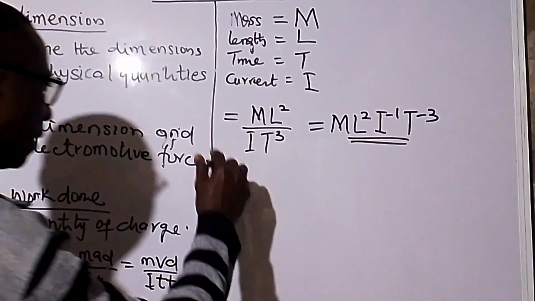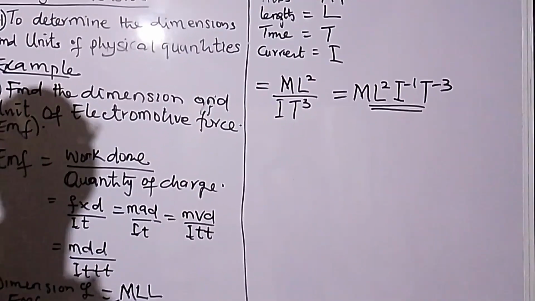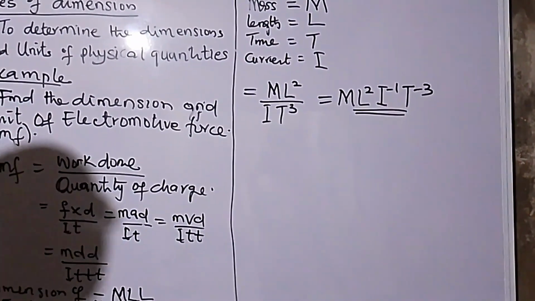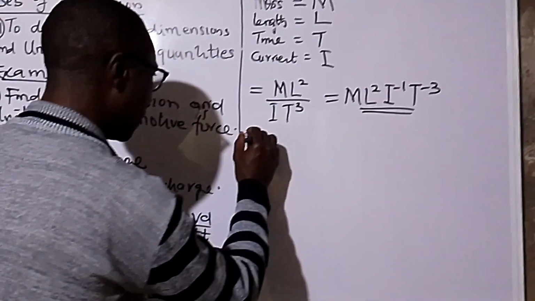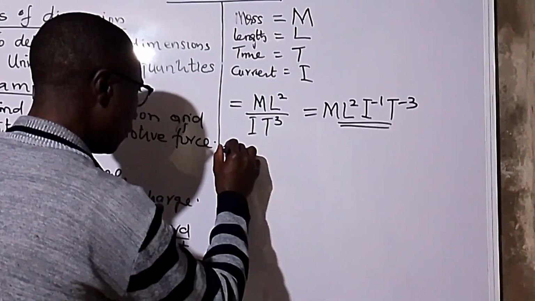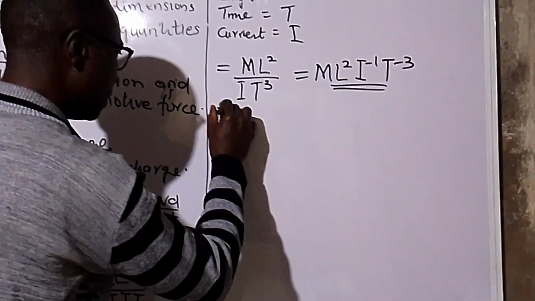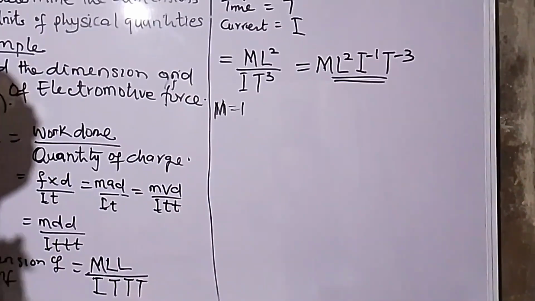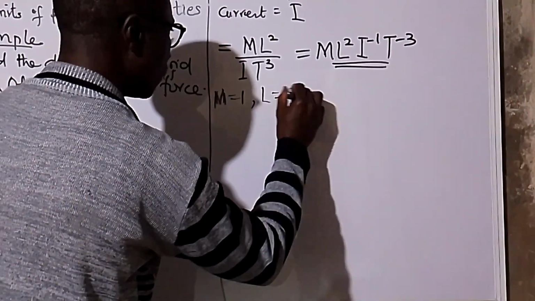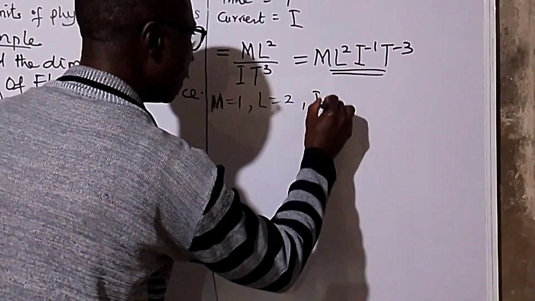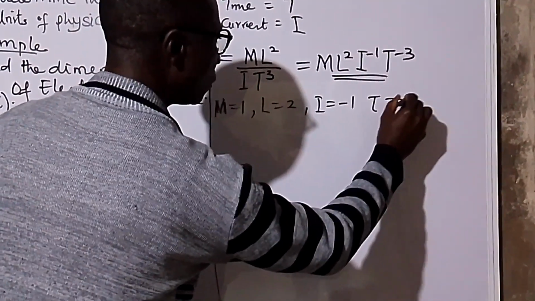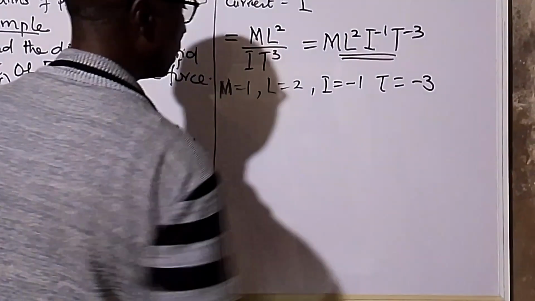If the question says what is the number of times that all these fundamental quantities occur, then for M it will be equal to 1. That is the power to which mass will be raised. L will be equal to 2. I will be equal to minus 1. And T will be equal to minus 3.